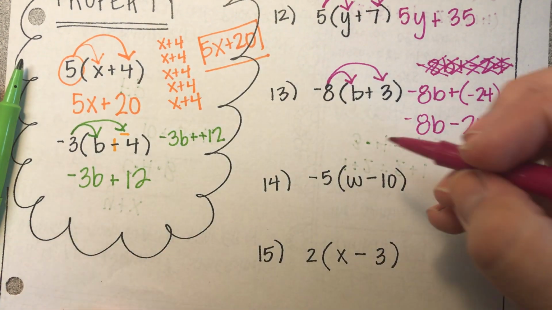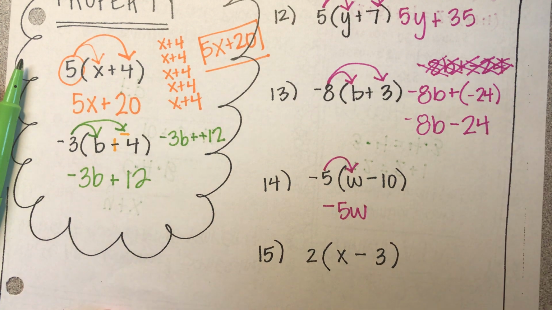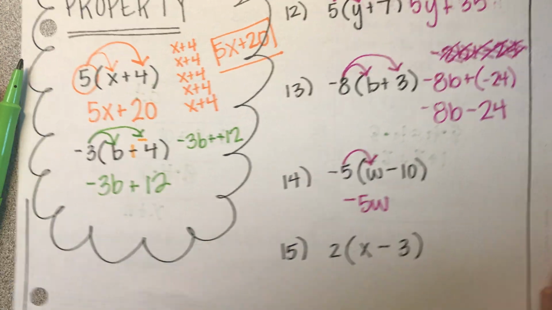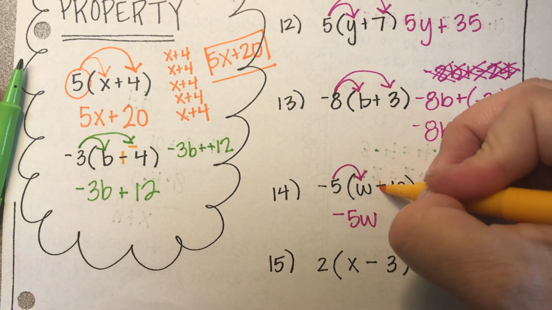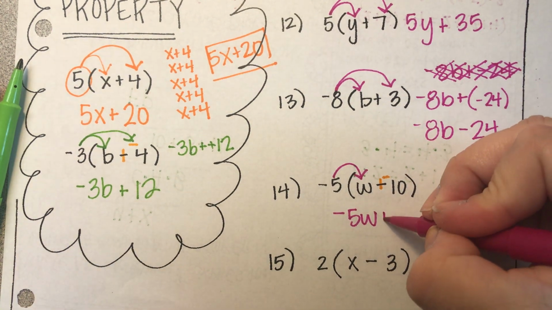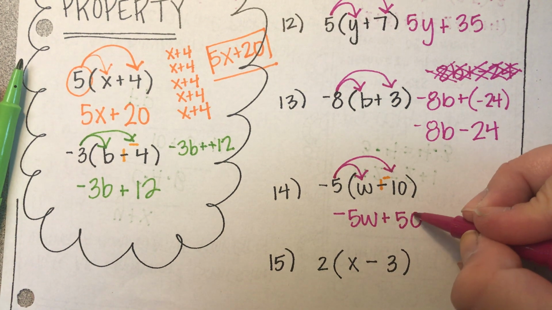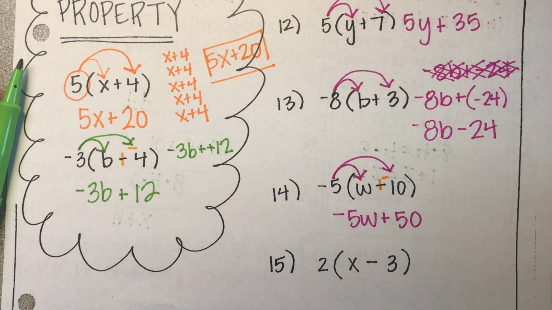Okay, on number 14, negative 5 times w is negative 5w. And then let's do our keep, change, change. Inside, so plus negative 5 times negative 10 is positive 50, because a negative times a negative is a positive.